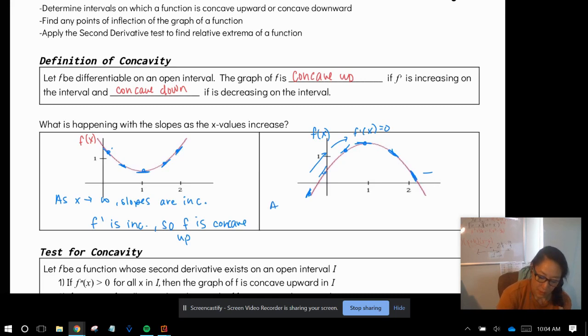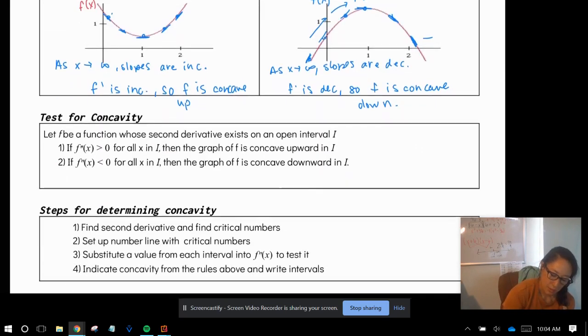As x goes to infinity, the slopes are decreasing, so f prime is decreasing, which means that f is concave down.